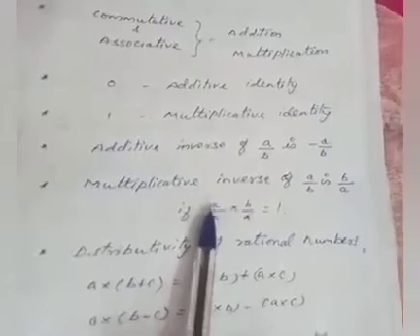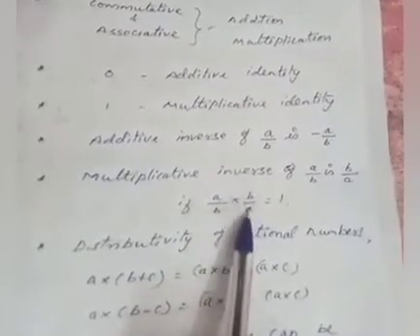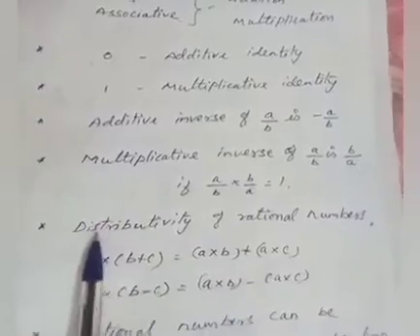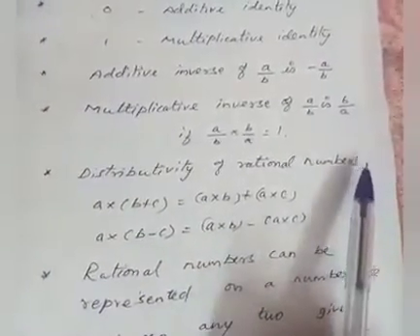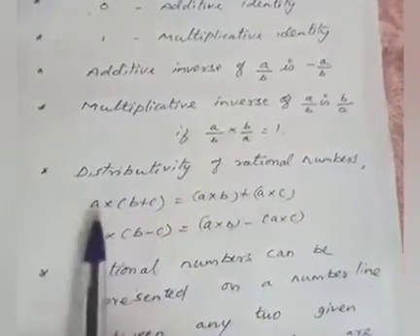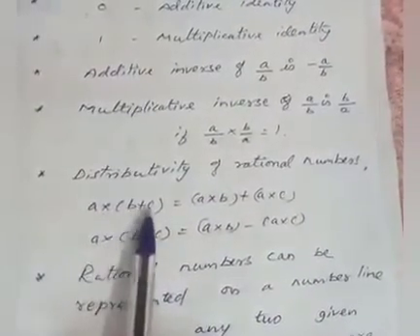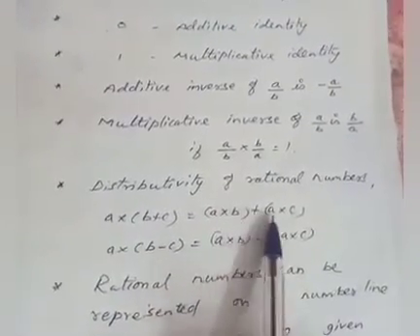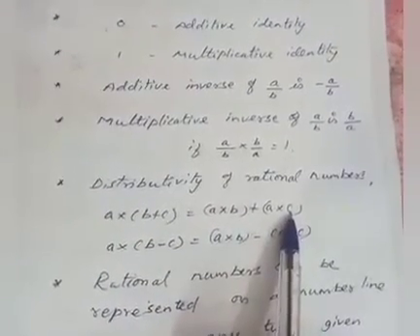If a divided by b into b divided by a is equal to 1, then the distributivity of rational numbers: for all rational numbers a, b and c, a into b plus c is equal to a into b plus a into c.